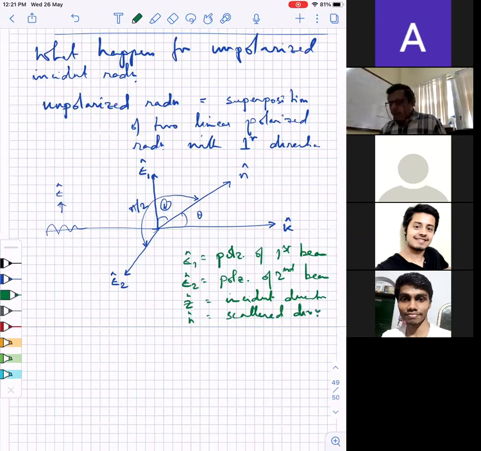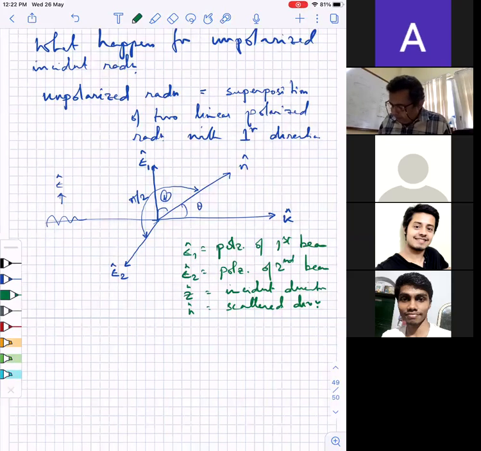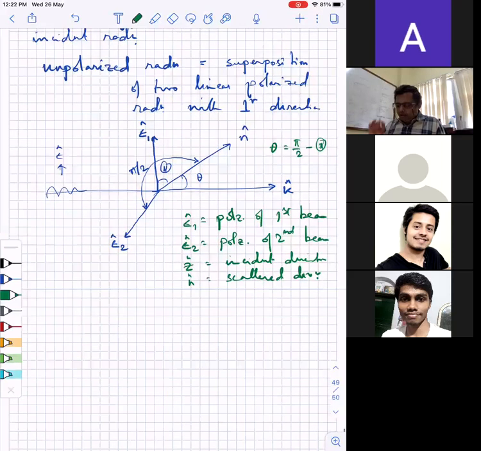Now the angle between the incident direction and scattered direction is theta. The angle between epsilon 2 and the scattered direction is pi by 2. And also remember this theta is basically pi by 2 minus the theta.